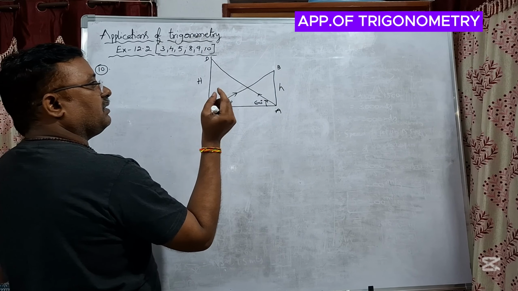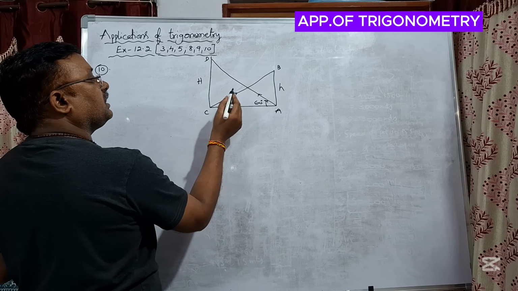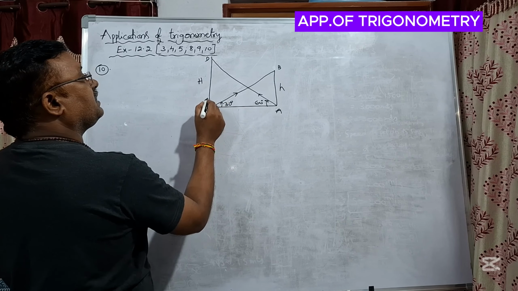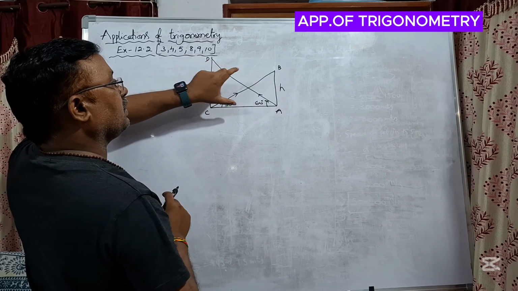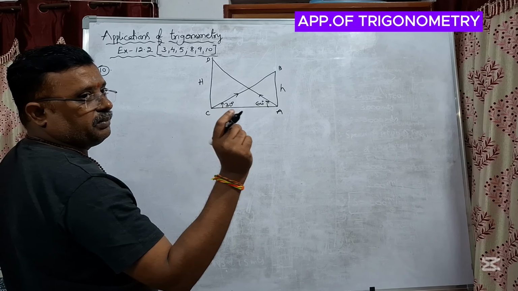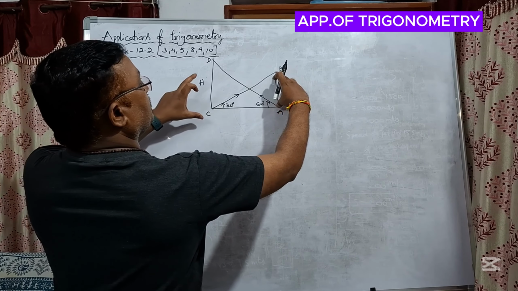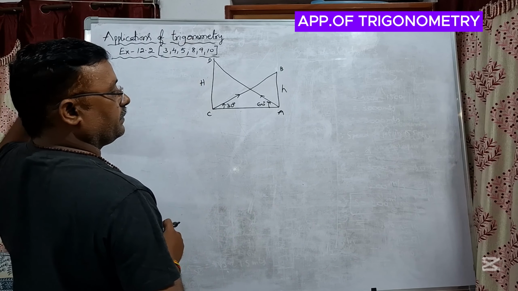That's why, from the data with common sense, the angle of elevation to the tower is 30 and to the building is 60, meaning the height of the building is taller than the height of the tower. That is the minimum basic common sense. Using that, I have taken the tower as a little shorter than the height of the building.